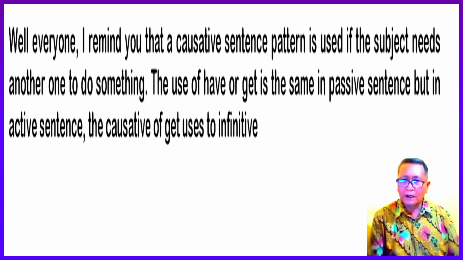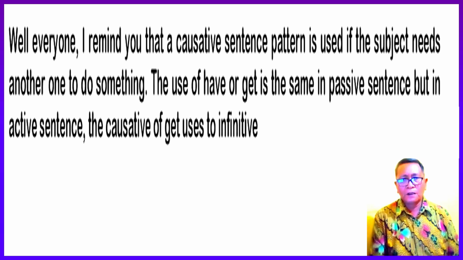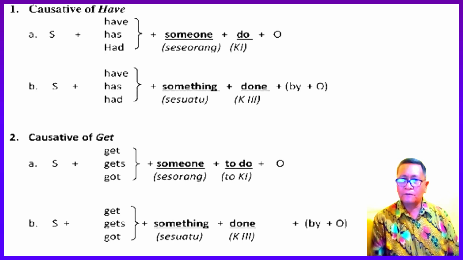Well, everyone, I would like to remind you that a causative sentence pattern is used if the subject needs another person to do something. Well, everyone, in the last segment, I would like to discuss how to answer the Test of English as a Foreign Language, or TOEFL.